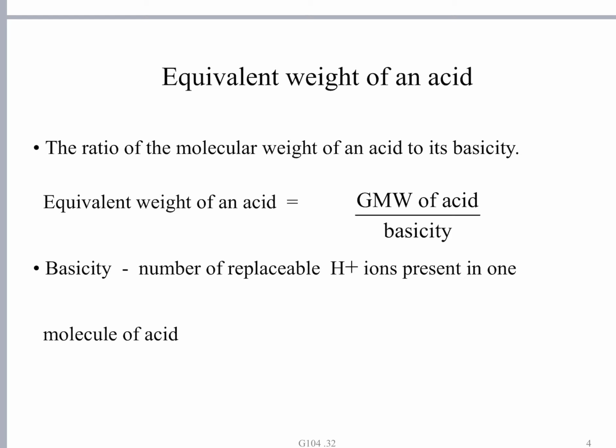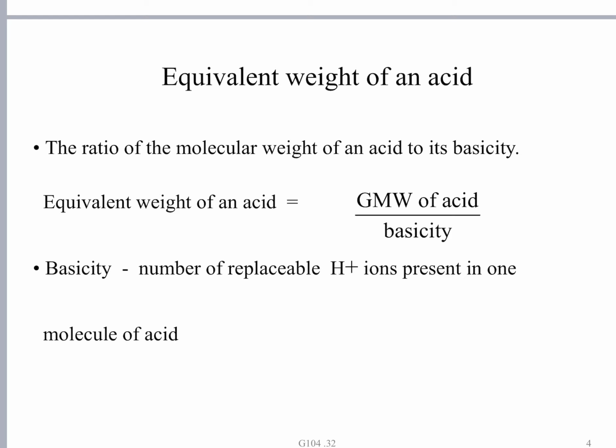One hydrogen is getting replaced. The basicity is defined as the number of replaceable H plus ions in one molecule of acid. So, in one HCl molecule, one hydrogen is being replaced. So, the basicity of HCl is equal to 1.